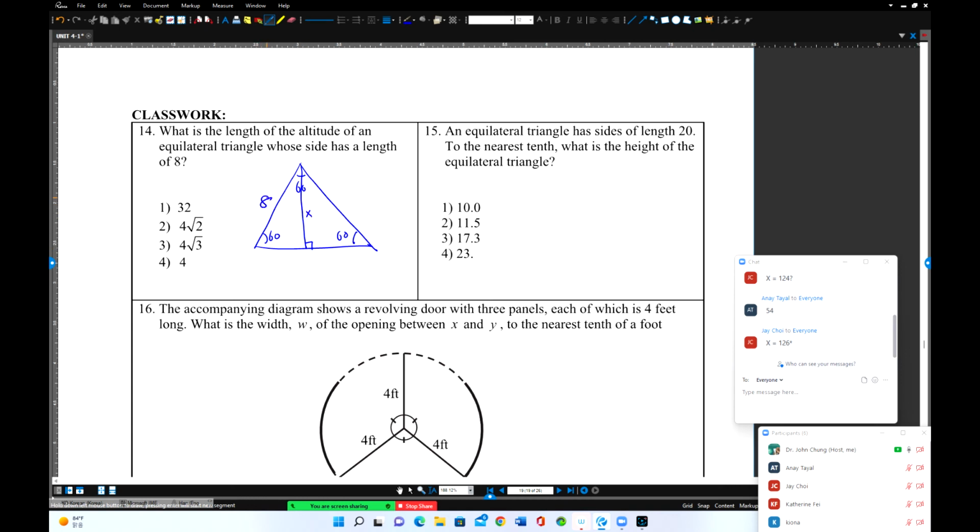Each side is 8, so this is half of it, 4. The altitude always bisects the opposite side. So this is 4, and this side is 4 times root 3. That's the height.